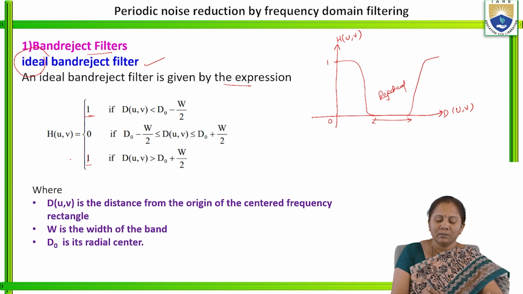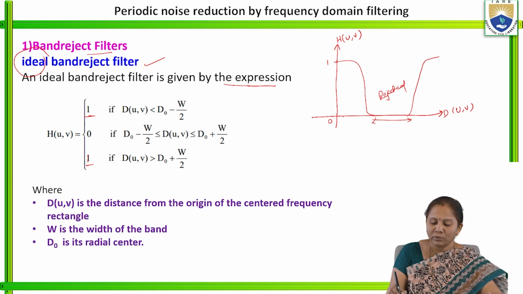According to the transfer function of this ideal band reject filter, it will be 1 when D of u comma v is less than D naught minus W by 2. So this point we can consider D naught minus W by 2, and again it will be 1 when it is greater than D naught plus W by 2. So this point can be considered as D naught plus W by 2.